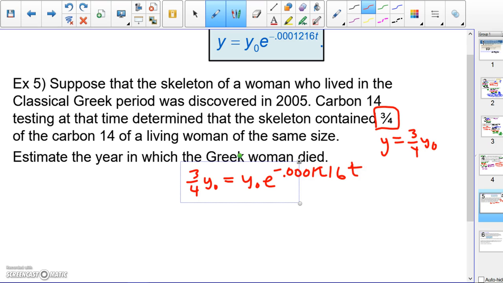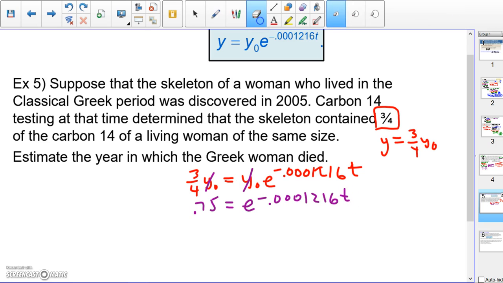That's my variable. Like a previous problem, you may notice that the y0s cancel out. So 0.75 equals e to the negative 0.00012116 t.